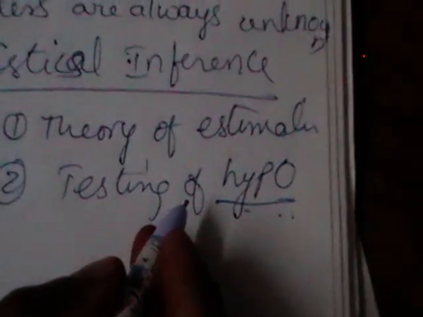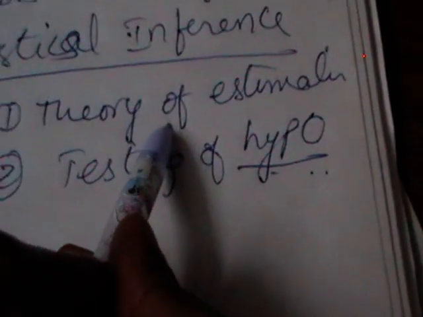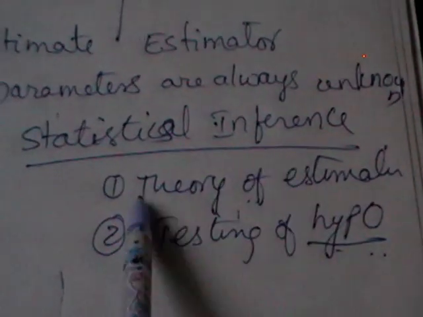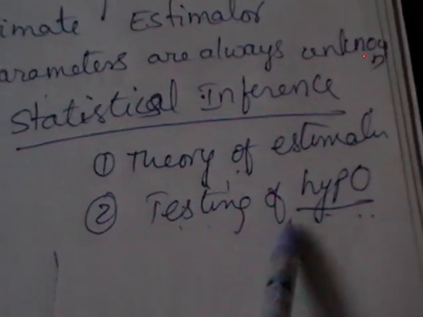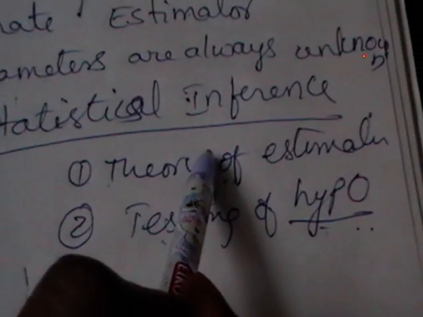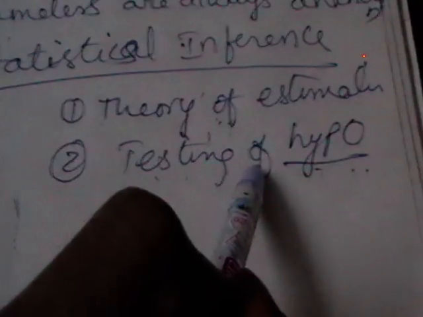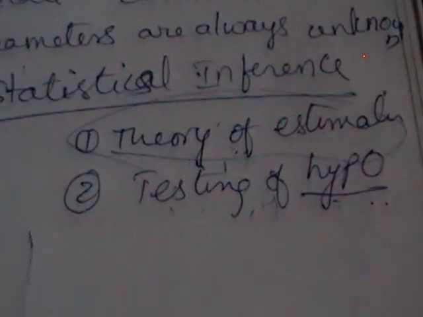Under theory of estimation, we are going to estimate the unknown quantities of the parameters, which we are going to discuss in this unit. Once the values are estimated, we are going to test their accuracy.